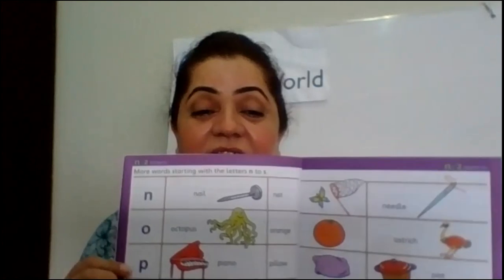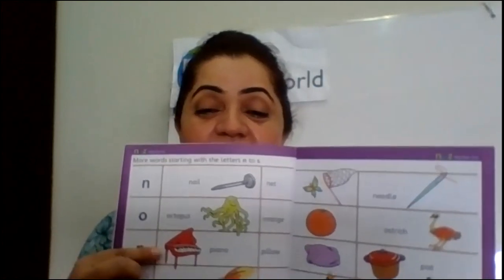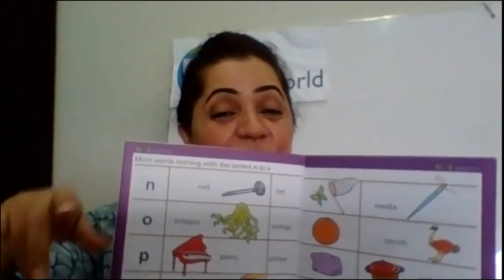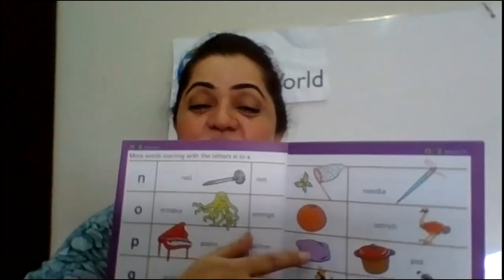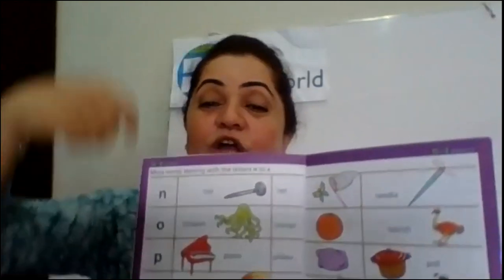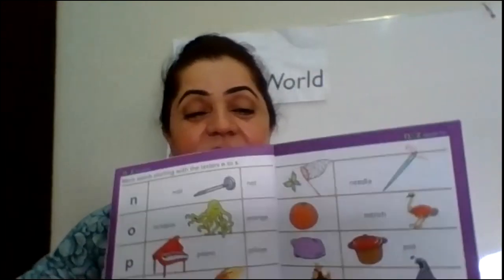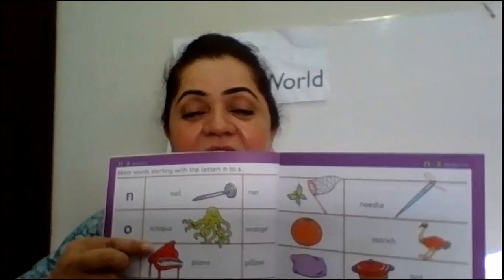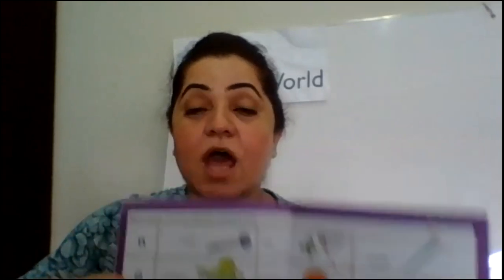Then P. P is for piano, pillow, and pot. In the pot we cook things, right? So piano, pillow, pot, potato. One of the most favorite vegetables of everybody, potato, starts with P.